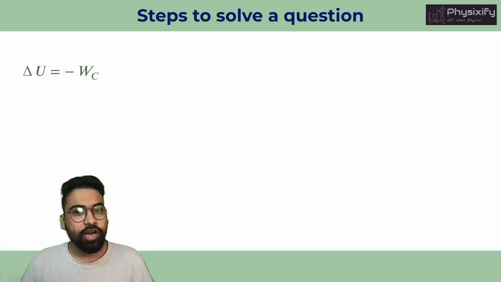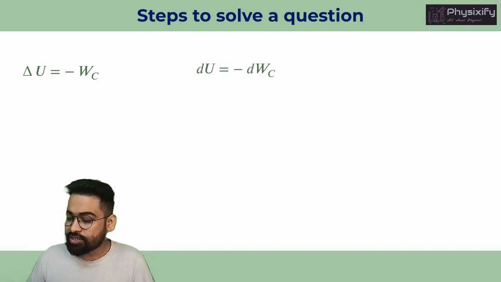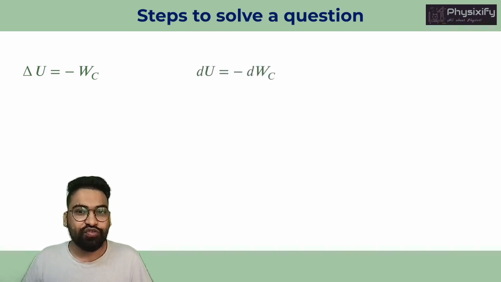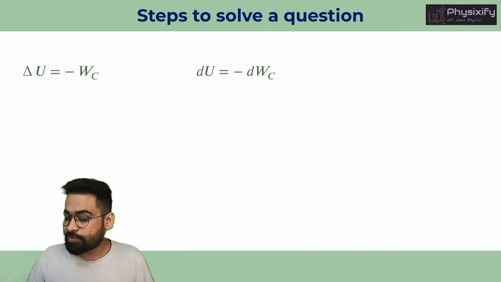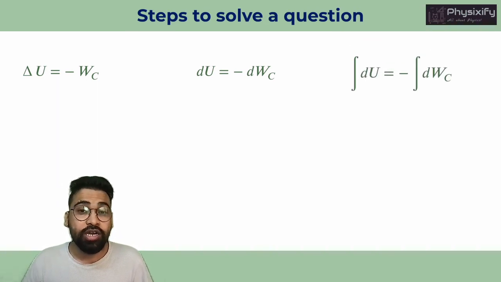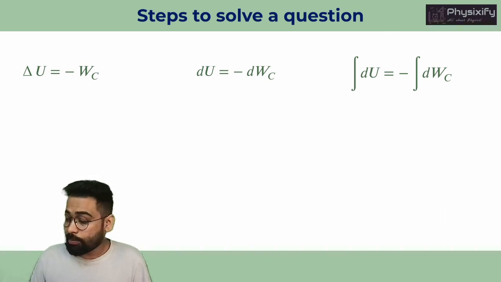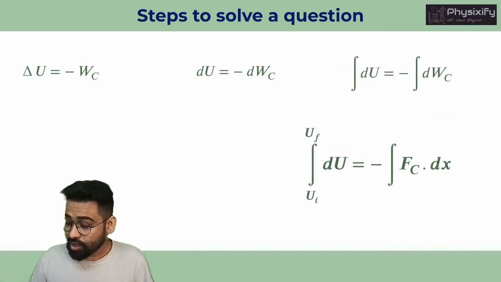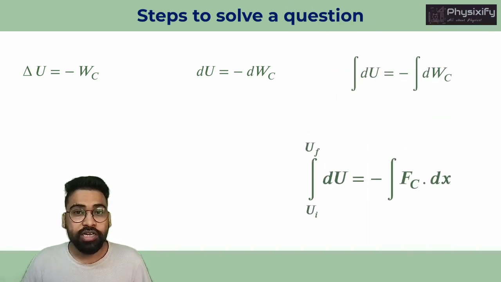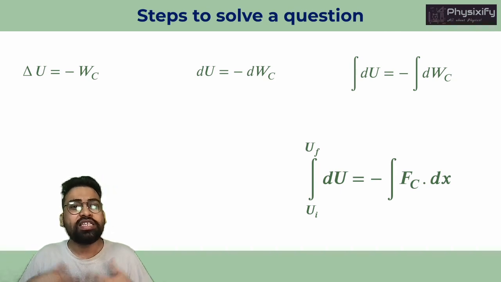First step, you write down the definition of potential energy, that is delta U equal to minus WC. Next, if you put it in differential form, you'll get dU equal to minus dWc. Next, you integrate on both sides by putting the proper limits, because you know that dWc can be written as F dx, or basically Fc dx.